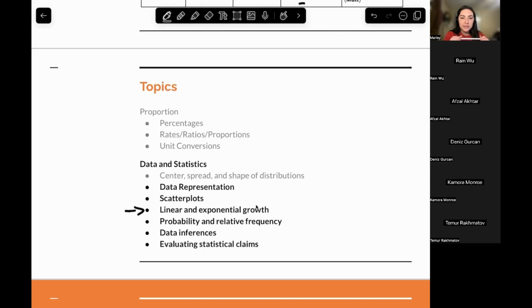And then probability, frequencies, data inferences, like being able to see a table with data and draw conclusions from it, and evaluating statistical claims. So these are the topics that we're going to go through.